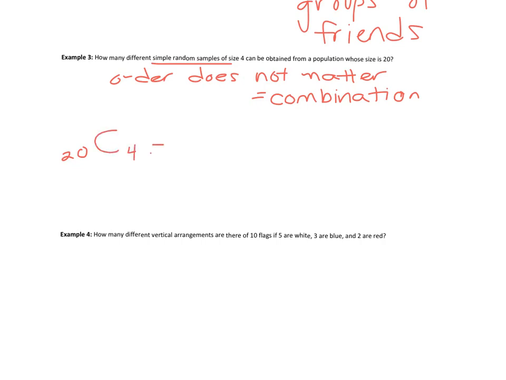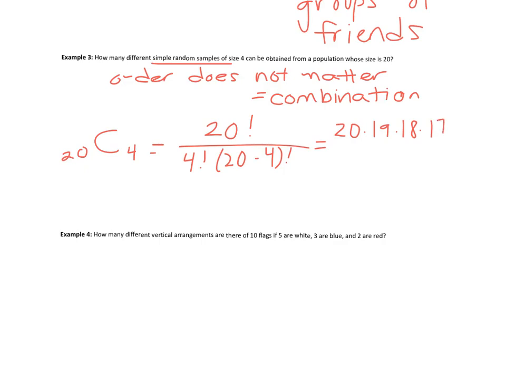Here we go. This is going to be 20 factorial over 4 factorial times 16 factorial, since 20 minus 4 is 16. So I'm going to rewrite the top in terms of 16 factorial, and expand 4 factorial as well.